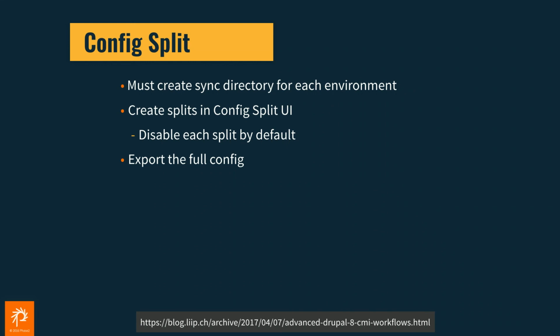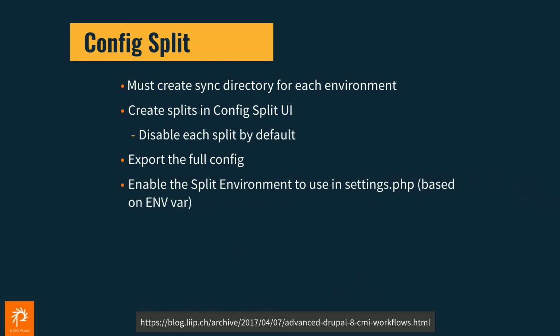So what you're exporting is no splits, okay? You've still got your config sync directory with 90% of your config, and then you've got little bits of config in these individual split directories, but you've disabled those by default. So then in your settings.php, you enable the split that you want for that environment.